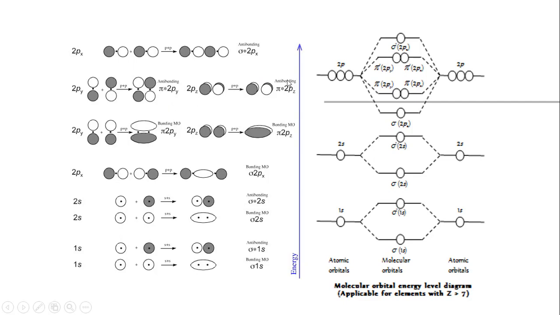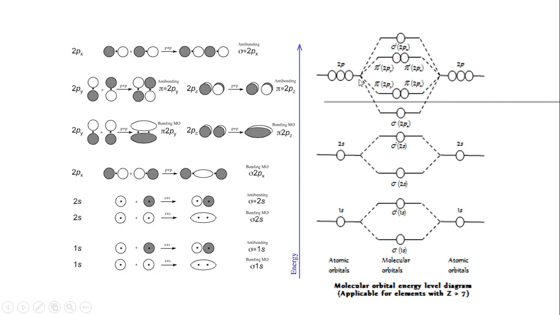Both have the same energy level, 2py overlapping and 2pz overlapping, but the bonding molecular orbital has less energy than the anti-bonding molecular orbital. And the next one is the 2px orbital. When combined with another 2px orbital, an anti-bonding molecular orbital is formed.